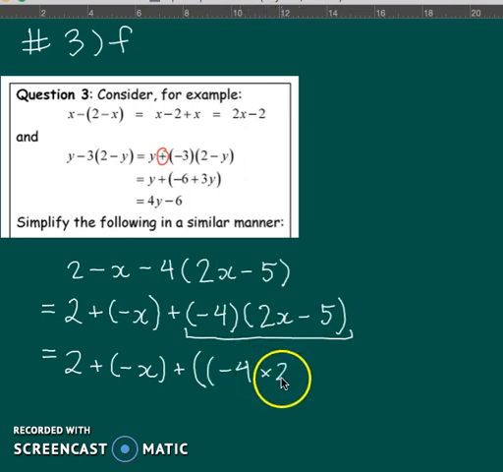times 2x, and then I'm going to write plus, because we're adding and not subtracting here, and I'm going to write negative 4 times negative 5.